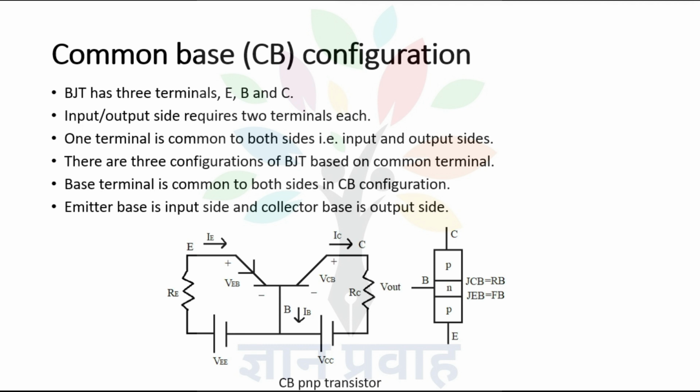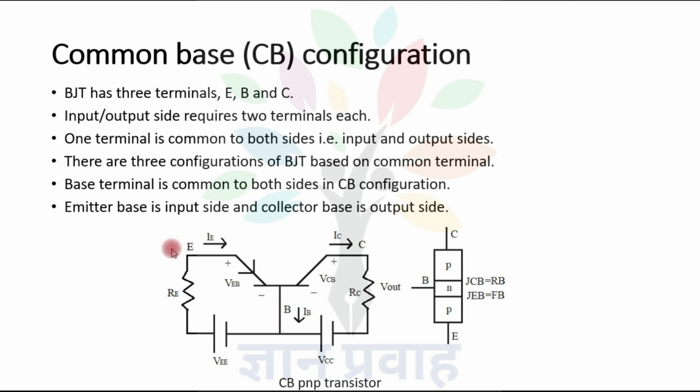In this configuration, the base terminal is common to both input and output sides. So in case of common base configuration, the input port is emitter to base side and the output port is collector to base side. So here one common base PNP transistor is given.